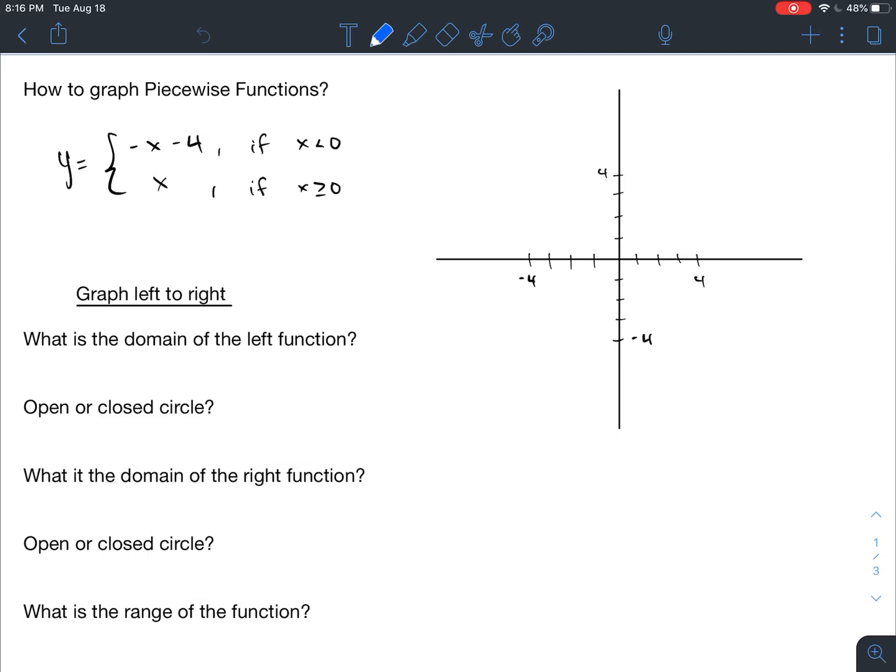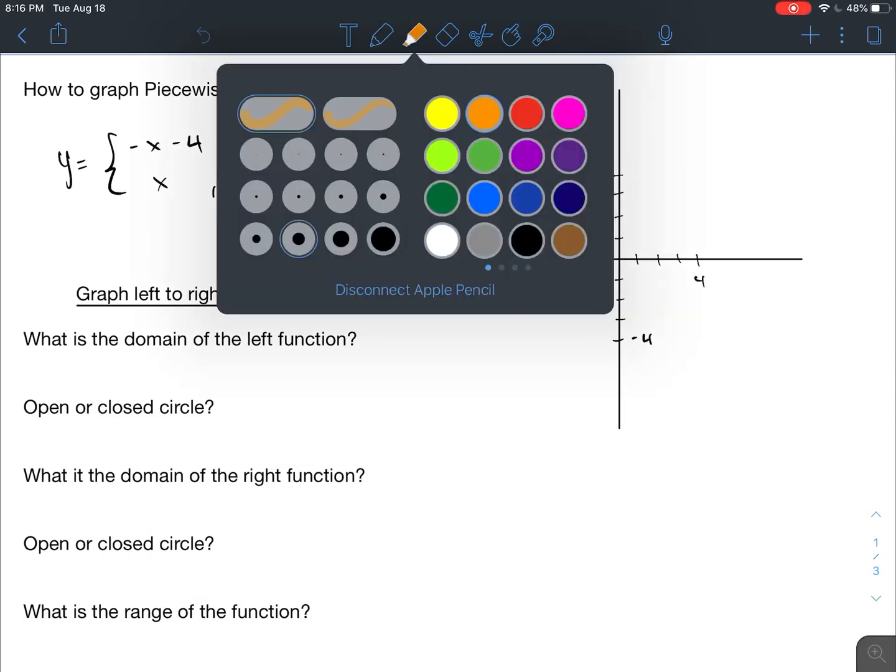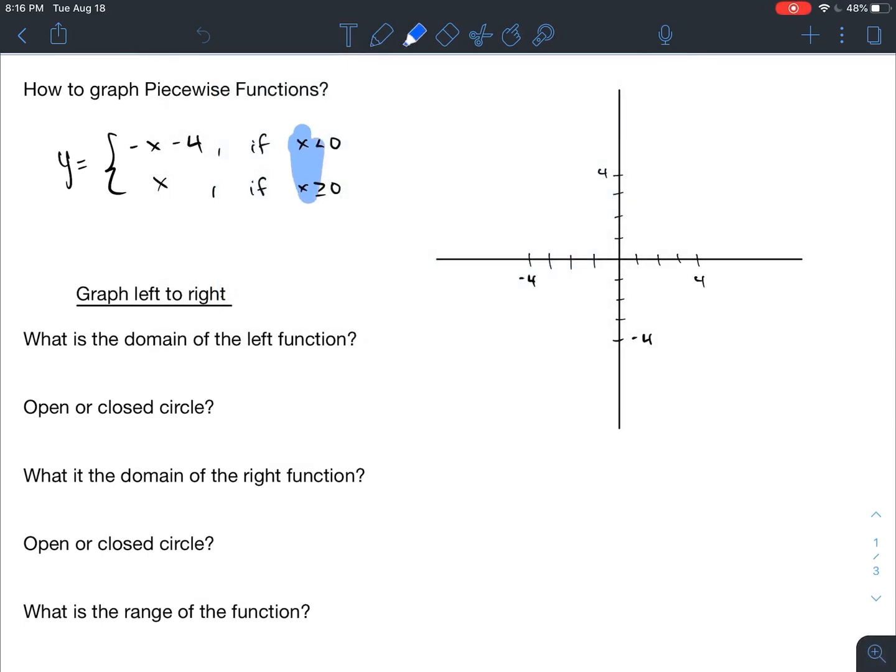It's always good to graph from left to right. And what I like to do is to try and envision where my domain is, or where these functions are, on the x-axis.